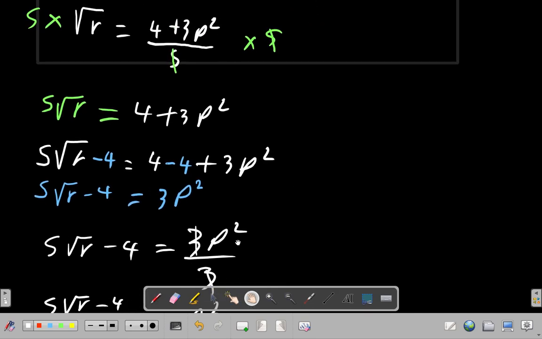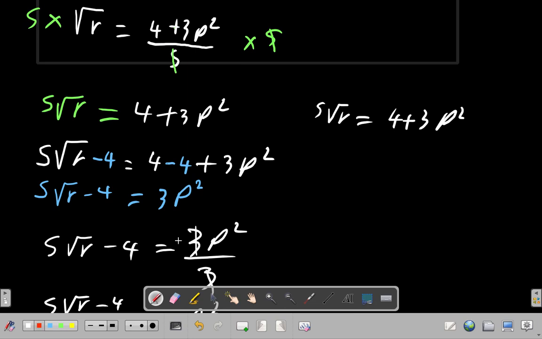Let's see what will happen in that case. You have s square root of r equals 4 plus 3p squared. Why not divide by 3 first?